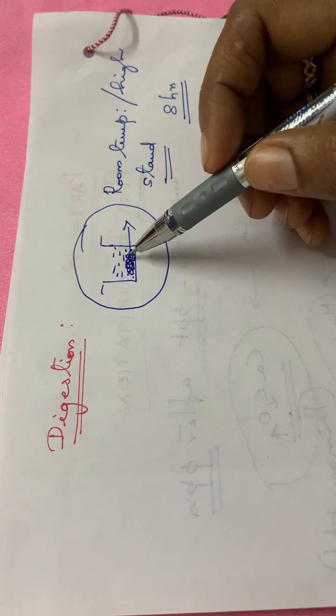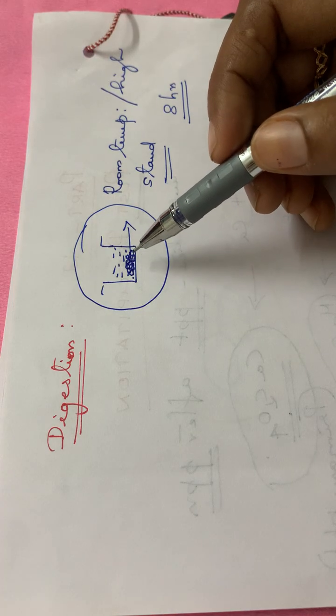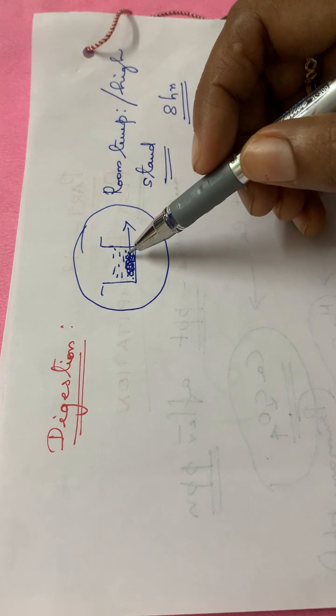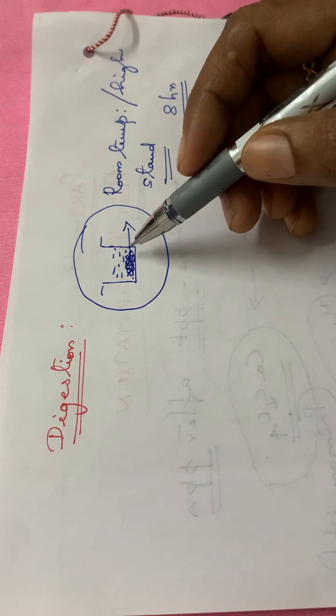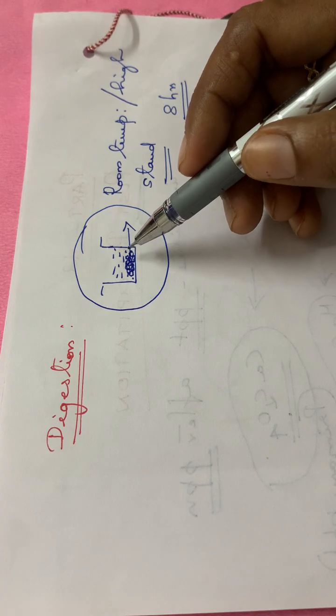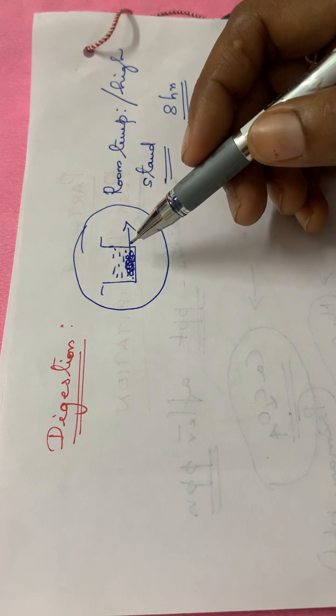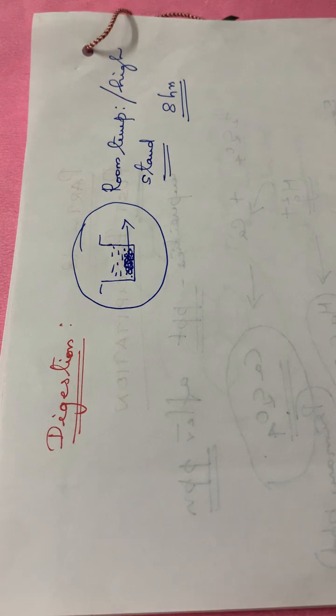So the reaction will be going on till that time, and the size of the precipitate will increase due to further addition or further adsorption. So the size of the precipitate becomes larger. That is the process called digestion.